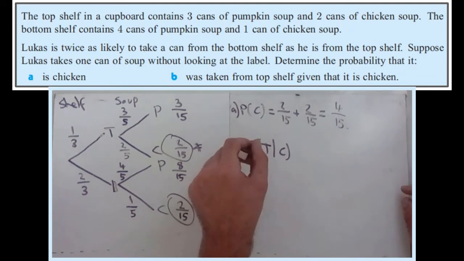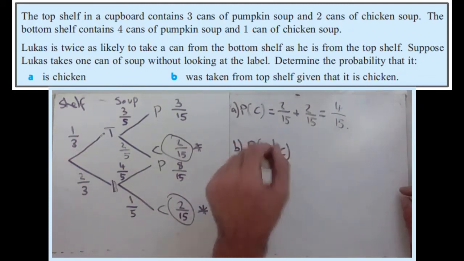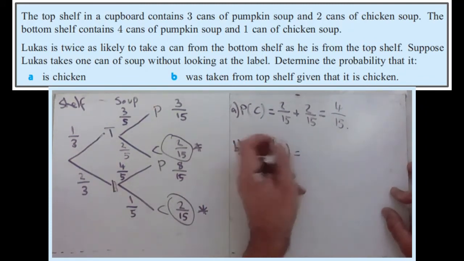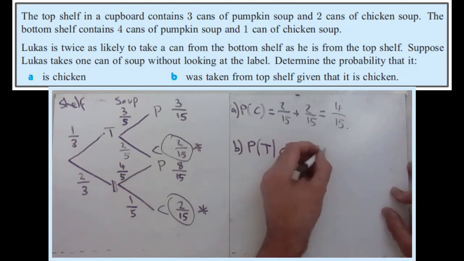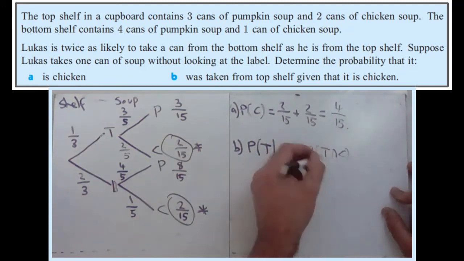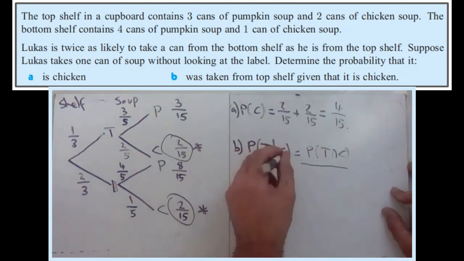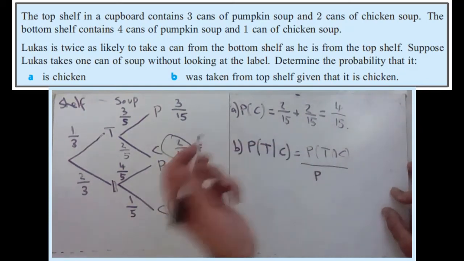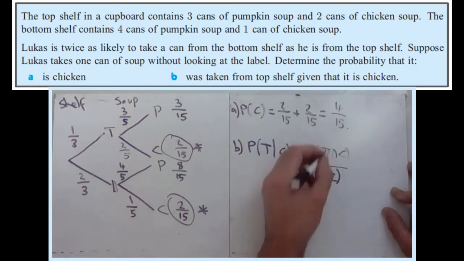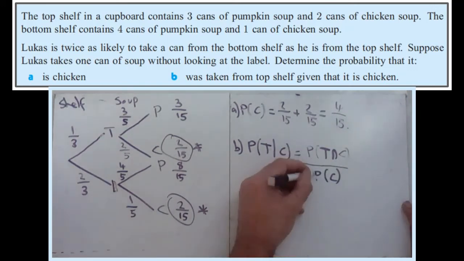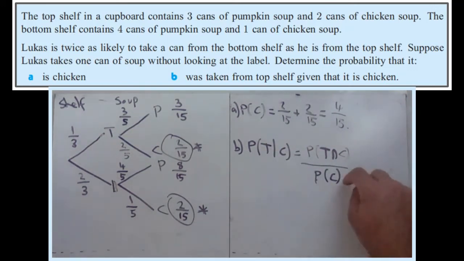So the probability of top shelf given that it is chicken is the probability top shelf and chicken over just the probability of the given one, which is chicken. As often happens in these questions, we're using a result from a previous part, so it's very handy that we already have the probability of chicken.